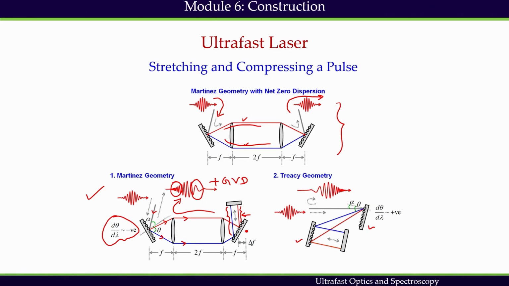Here alpha and theta are on the same side of the surface normal. That's why d theta d lambda is going to be positive, which means red light now will bend more and blue light will bend less.